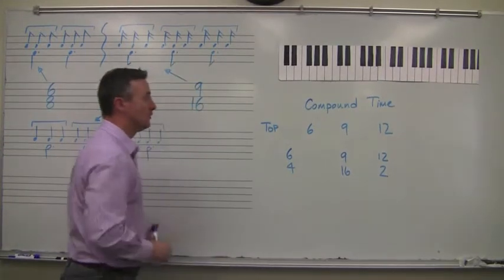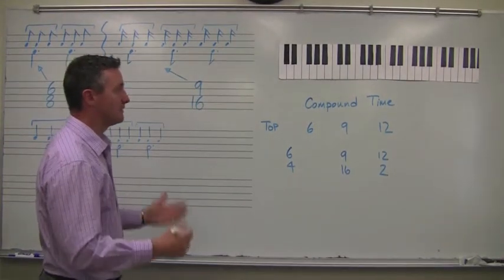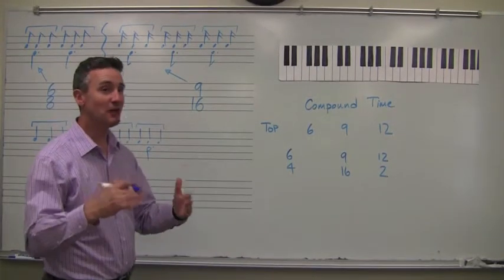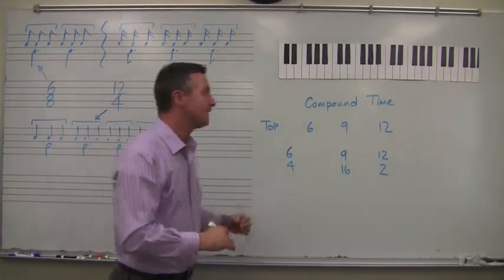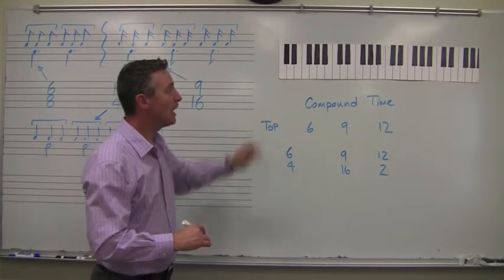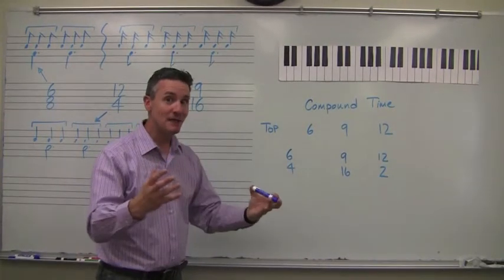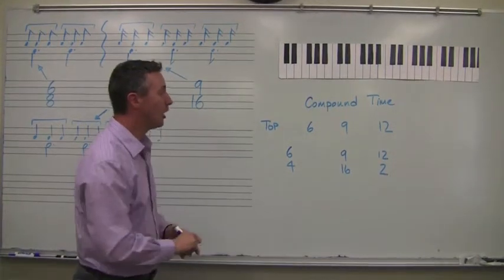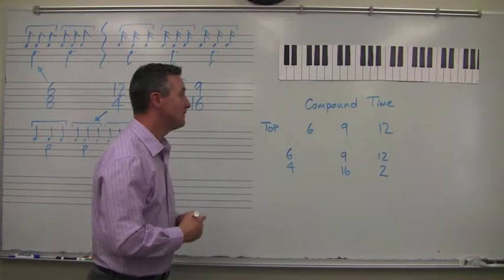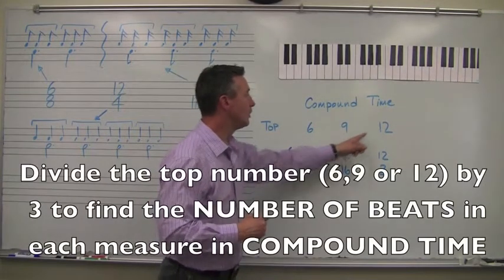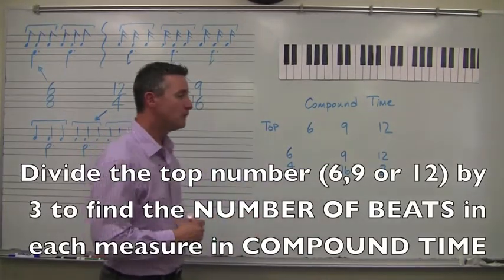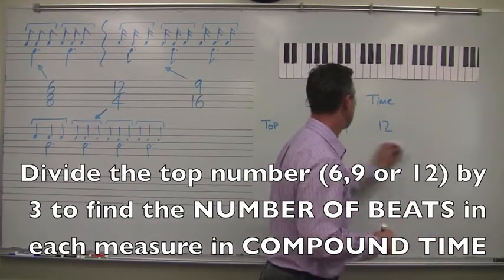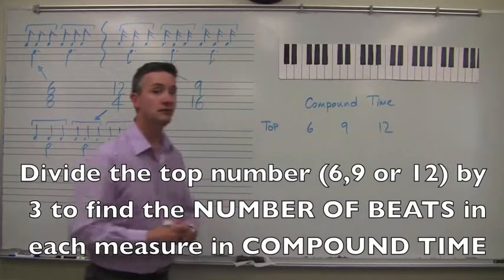Now, what does the number on the top tell you, other than that it's compound time? It tells you how many beats, but you have to understand a little bit. Remember that the beat in compound time splits into 3 equal parts. So to find out how many beats there are in compound time, you divide this number, 6, 9, or 12, by 3. That will give you the number of beats in each measure.